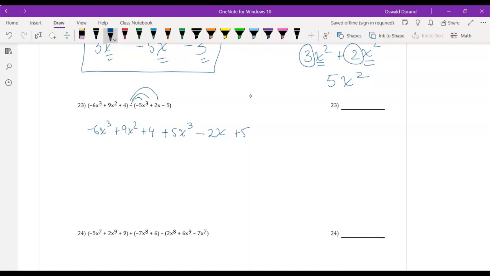All we have to do is combine like terms. So combine this with this, and then the positive 4 with the positive 5. And that's it. The x squared is by itself. The x is by itself because they don't have an exponent of 2 or 1. So we have negative 6x cubed plus 5x cubed plus 9x squared minus 2x plus 4 plus 5.